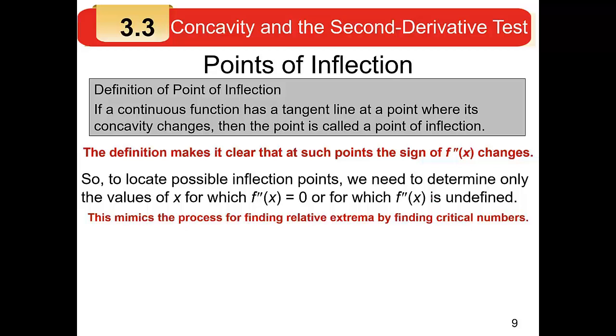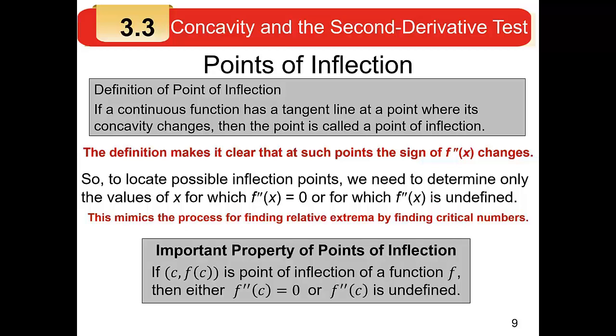You think of the second derivative as being concavity and inflection points. But the process for doing those things is very similar. And I've said this before, but again, it's important. If the point c comma f of c is a point of inflection of some function f, then it's going to be true that either the second derivative is 0 or the second derivative is undefined.